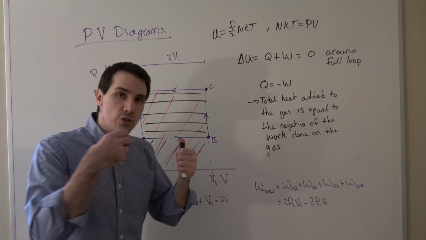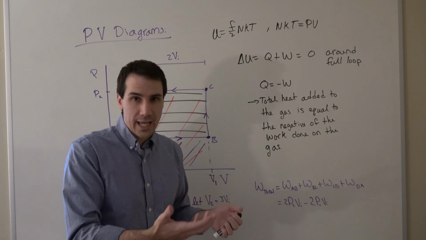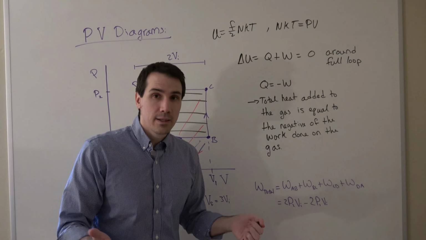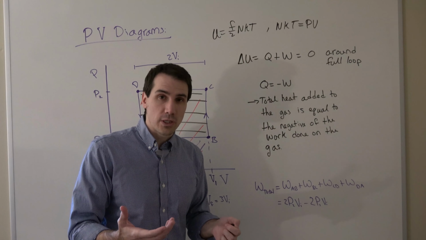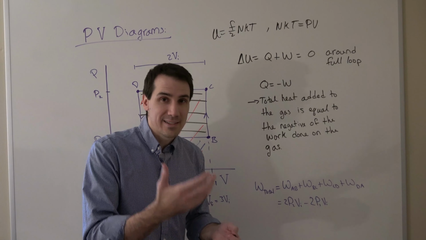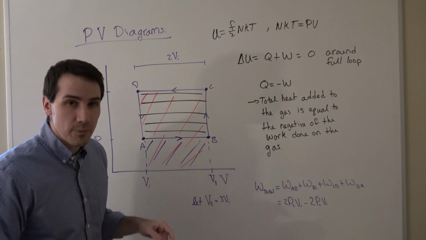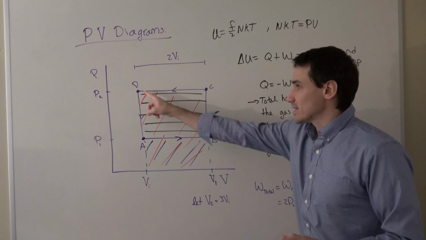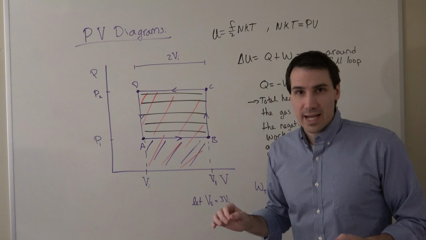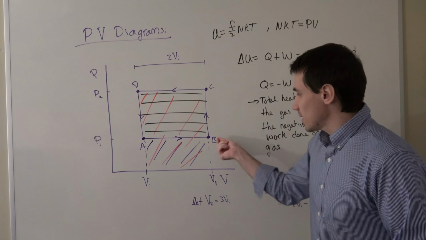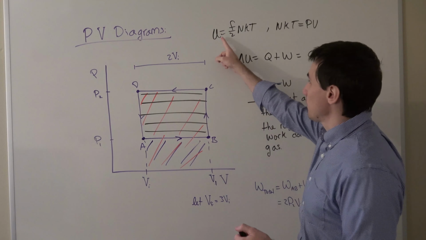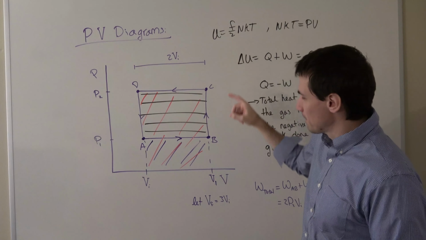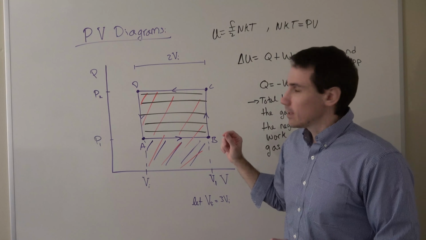But if I do more work on the gas, then the gas had better give up more heat so that the total change in energy stays at 0 when I get back to point B. This does not mean that everywhere on the cycle the energy of the gas is the same. It is just that every time I get back to point B, I must be at the same PV, the same T, and therefore the same U.